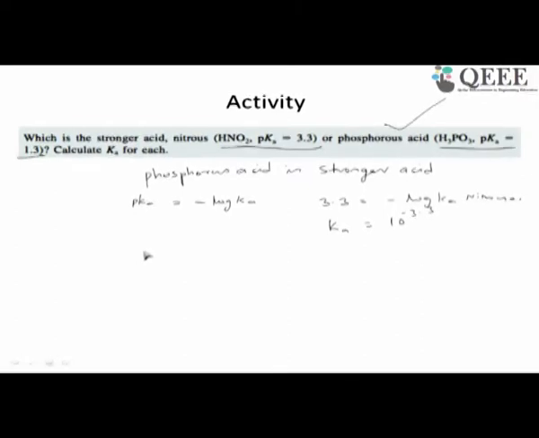Similarly, you can also do it for phosphorus acid. So 1.3 equals negative log of Ka. If you bring Ka to this side, the Ka value turns out to be 10 power minus 1.3. It's very easy to find because the base of the log here is 10, so it's an exponential of 10. You just put the negative value here. So the Ka value is 10 power minus 1.3 for this, and 10 power minus 3.3 for this.